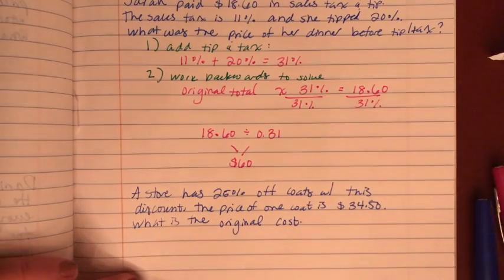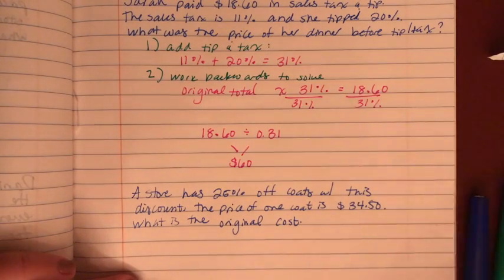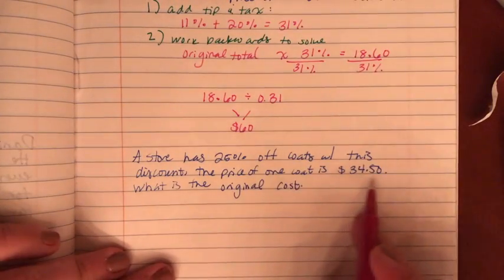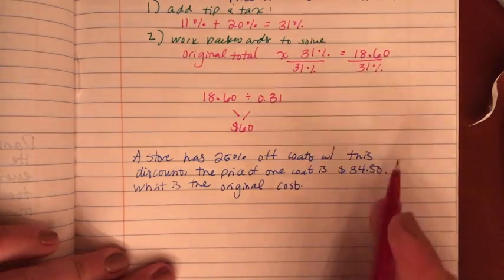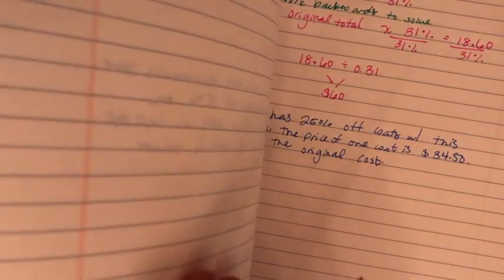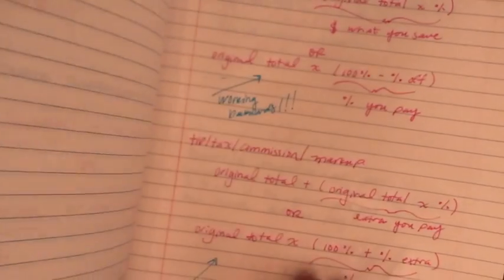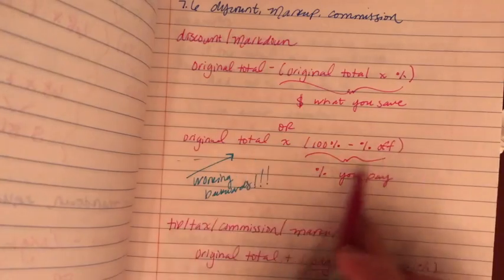Okay, and so for this one, since we're trying to work backwards to find the original cost of the coat, and we were given the new total of the coat, we are going to be using our working backwards equation, the only equation we can use in this kind of problem to work backwards. And so we're going to be using this equation right here.